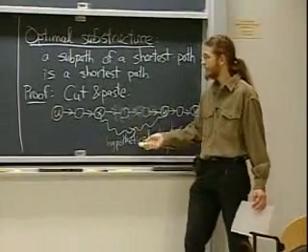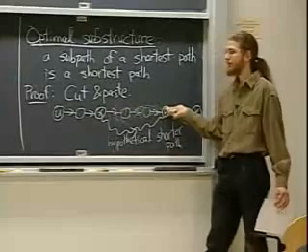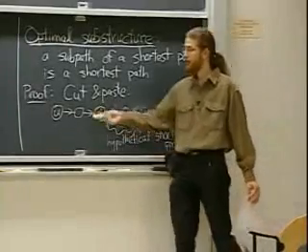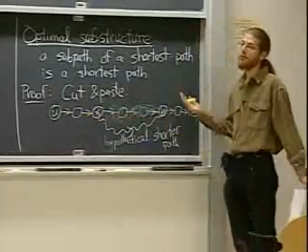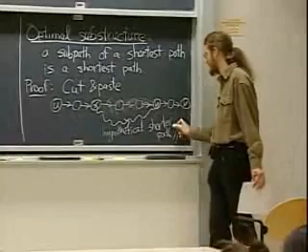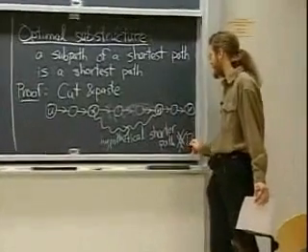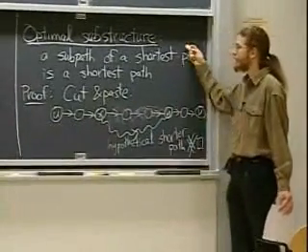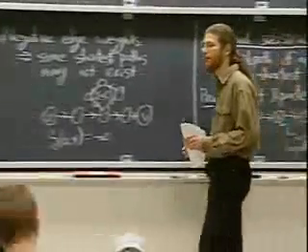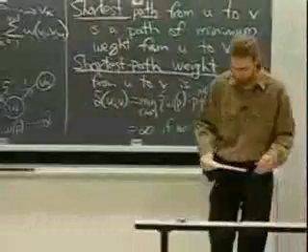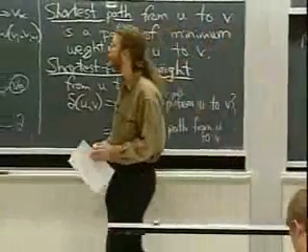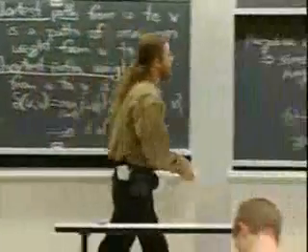If that existed, then I should just cut the old path from x to y and paste in this new one from x to y. It's strictly shorter, therefore I get a strictly shorter path from u to v, but I assumed u to v was the shortest path. Contradiction. Okay, so there is no shorter path, and that proves the lemma, that subpaths of shortest paths are shortest paths. This should now be a pretty familiar proof technique, but there's yet another instance of cut and paste.